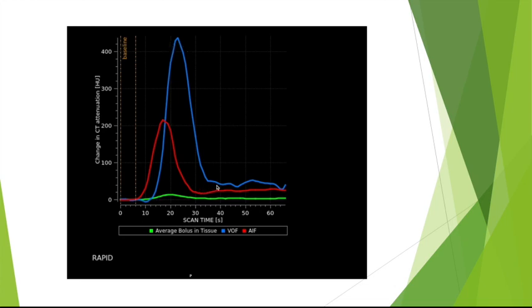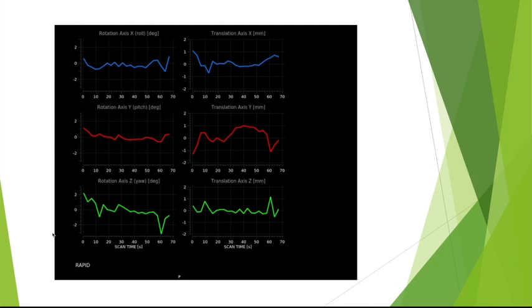Now, you have to make sure that the arterial peak comes earlier than the venous peak and also ends earlier than the venous peak. These two peaks should not be superimposed, because otherwise the findings of these scans are not going to be reliable. And this is a representation of the amount of motion artifact in all 3 dimensions, as represented by the degree of rotation as well as translation.